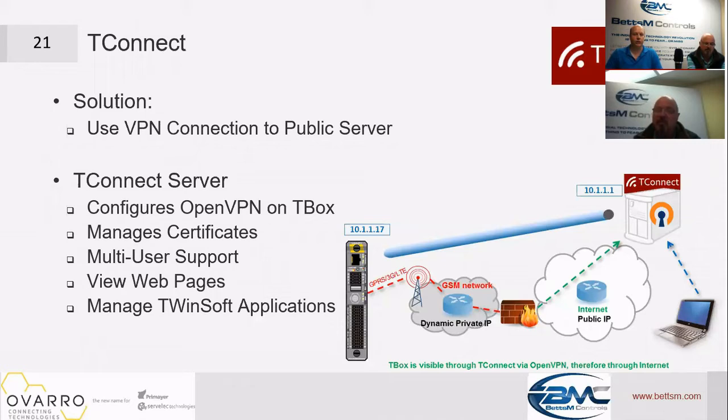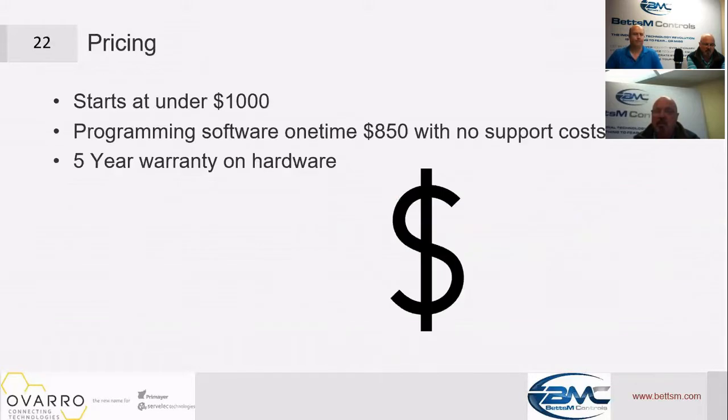T-Connect allows you to deal with them all in one interface, and it also allows you to build your VPN tunnel, and you can use that tunnel with other systems like SCADA systems and proprietary protocols like Modbus and those types of things. So T-Connect allows you to manage all of your security on all of your T-boxes from one piece of software, and it allows you also to use TwinSoft. So it's really, really powerful what you can do with T-Connect. And that's an additional cost on T-box.